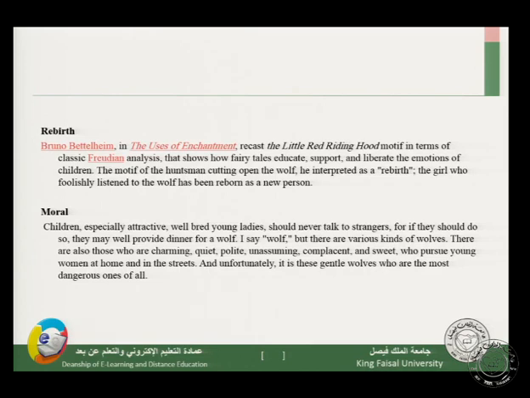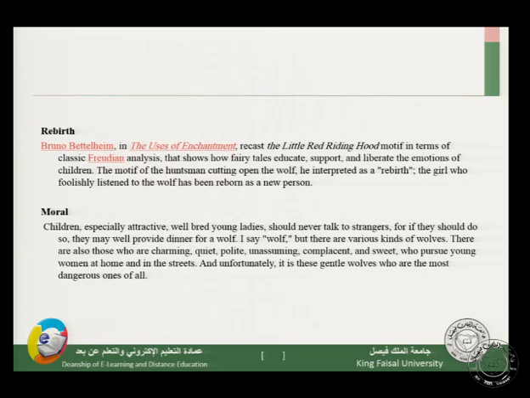Children, especially attractive, well-bred young ladies, should never talk to strangers. This is something moral that children know. Especially attractive, beautiful children, for if they do so, they may well provide dinner for a wolf.